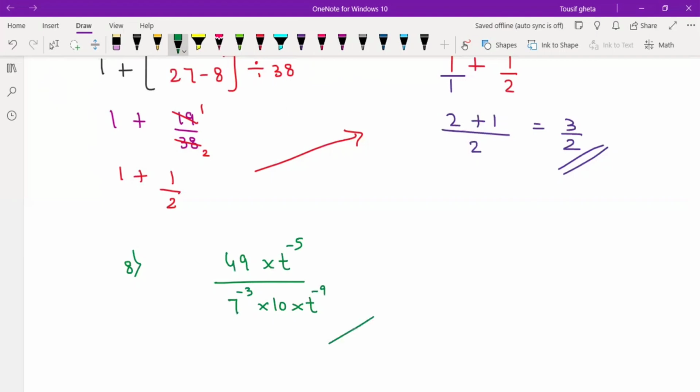This last problem I will not be solving, it is for you all. Just try it and comment your answer. We shall verify it by posting this problem in the next video in the form of a short.